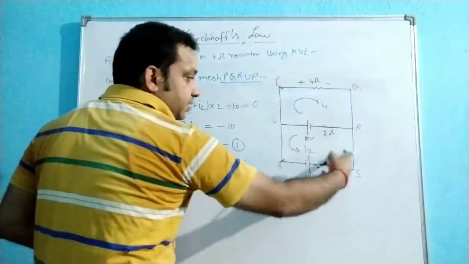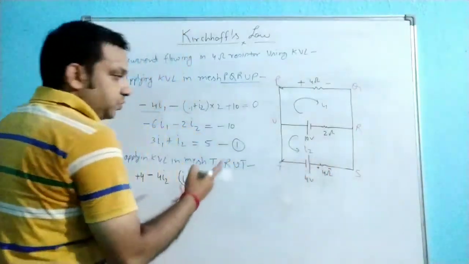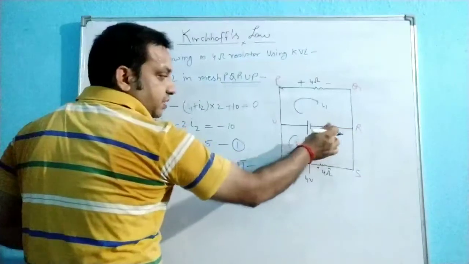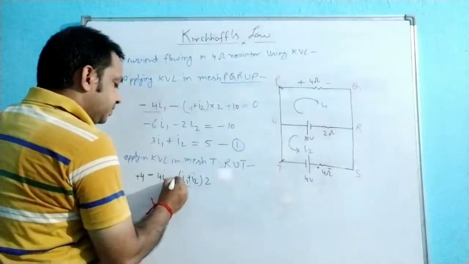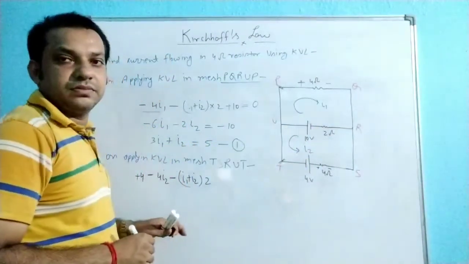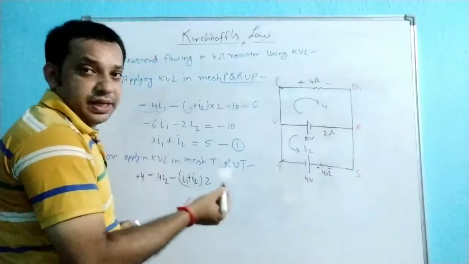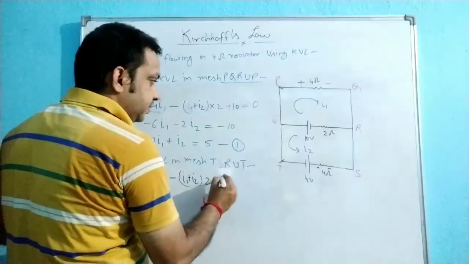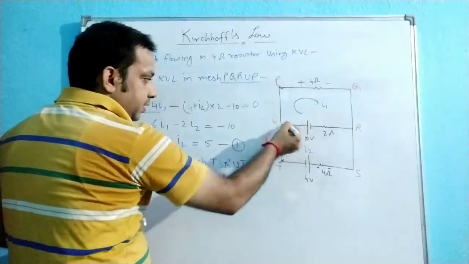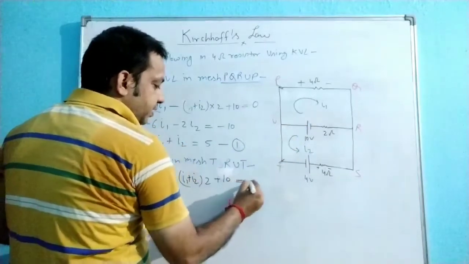So this is your mesh current and it is dominating. So I2 is flowing from this side to this side. That is why again it is minus. Reach here, negative to positive, gain, that is why plus 10. Reach here again equals to T, that is why 0.